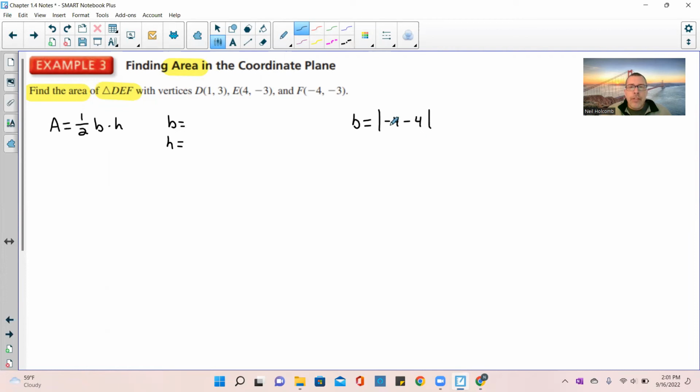So there it is, -4 minus +4, and therefore B equals the absolute value of -8, and the absolute value of -8 is 8. And that's how I'd show it using the distance or the ruler postulate.